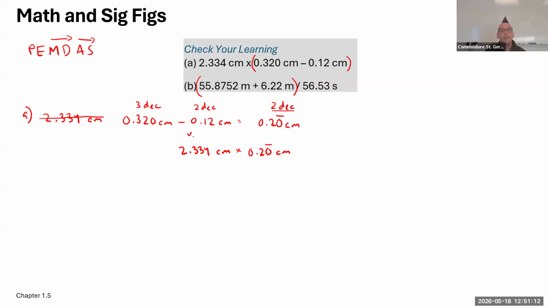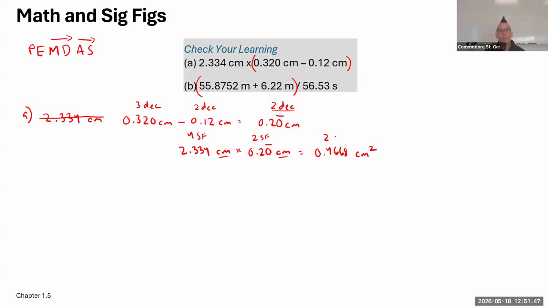Here we have 4 sig figs. Here we have 2 sig figs. All right. So if we do that math, it's going to be 2.334 times 0.20. I got 0.4668 centimeters, and that's going to be now squared.